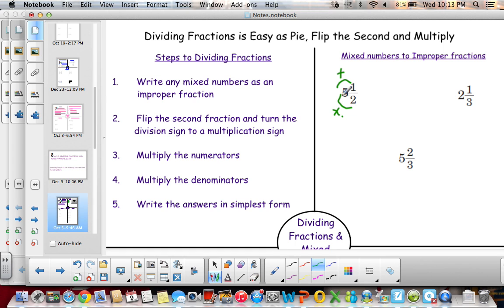So 2 times 5 is 10, plus 1 is 11, and then we keep the denominator, so it's 11 halves. 3 times 2 is 6, plus 1 is 7. Keep our denominator, 7 thirds. 3 times 5 is 15, plus 2, so 17 thirds.